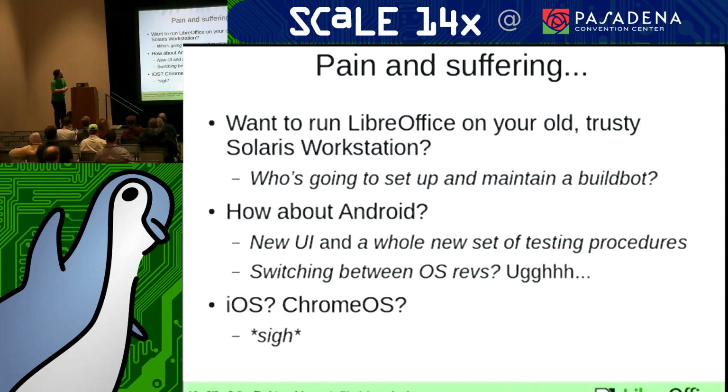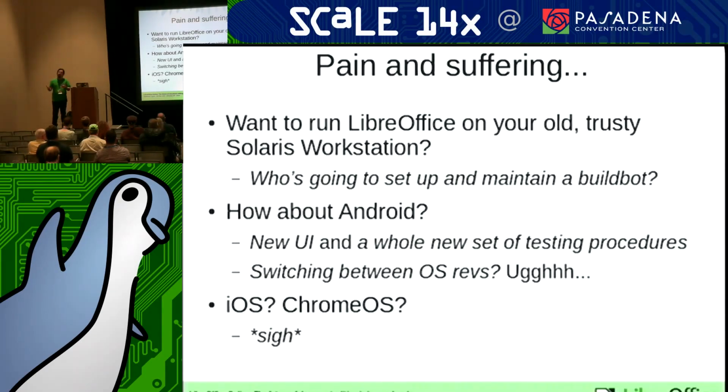So, for example, even with Solaris, which was one of the first operating systems supported with OpenOffice.org, Solaris being a Sun product, we now really don't have a lot of people interested in Solaris, it being a shuttered project with no new versions coming out. But who's going to set up and maintain a build mod for that? That's one of the key ways you can get a platform supported.